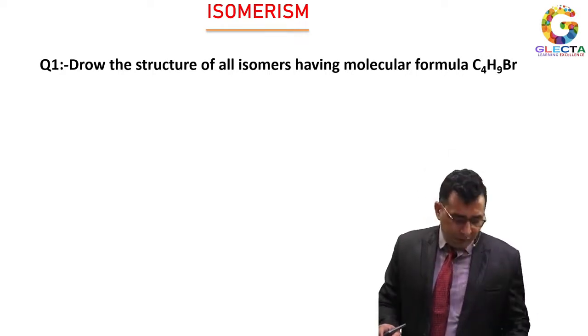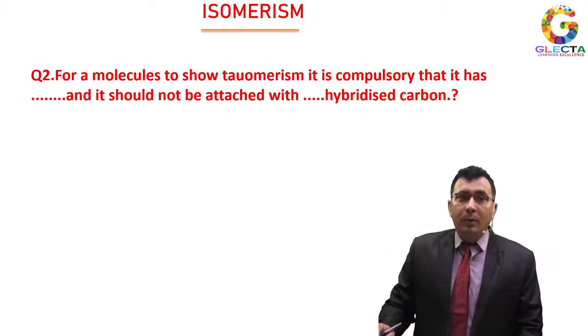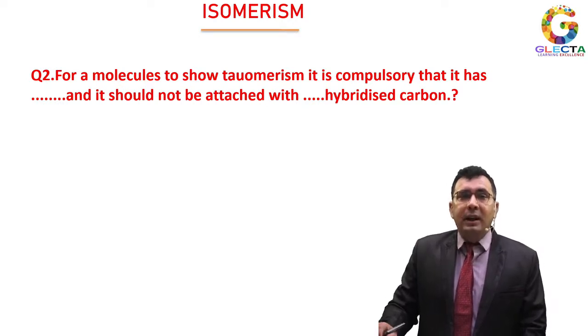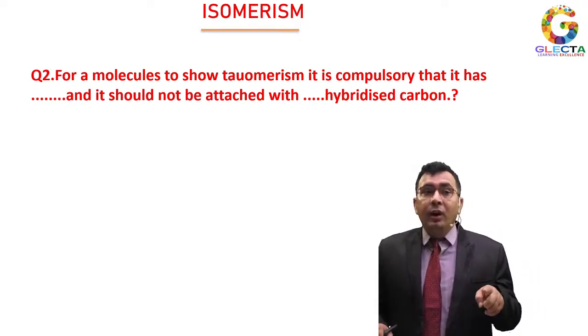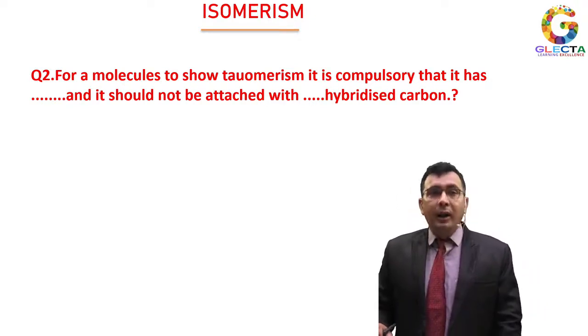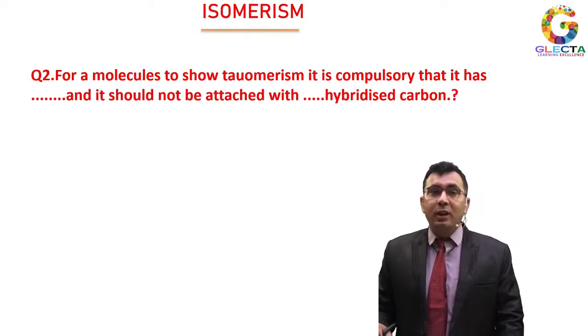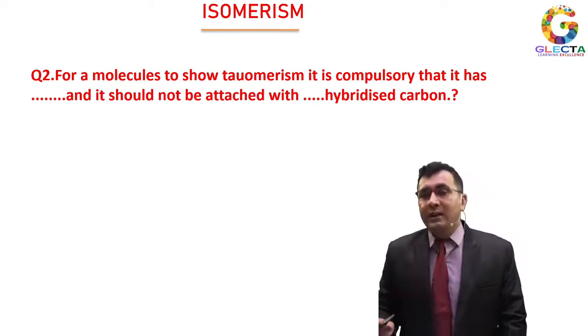So you can draw the structure of all the isomers. Now the next question is, for a molecule to show tautomerism, it is compulsory that it has alpha hydrogen and should not be attached with an unsaturated, or sp2 or sp hybridized carbon.